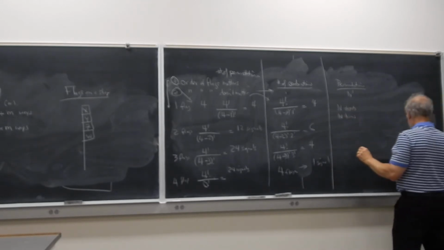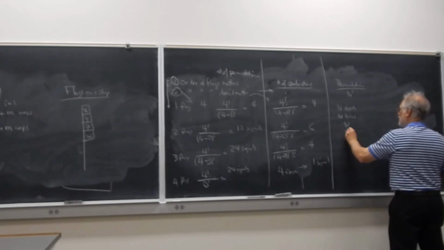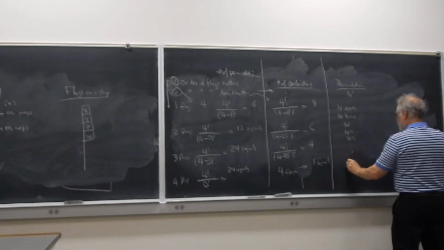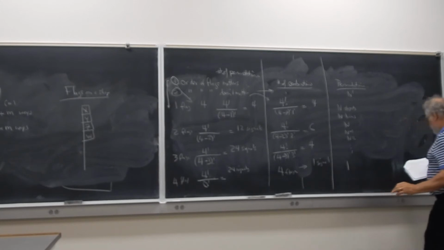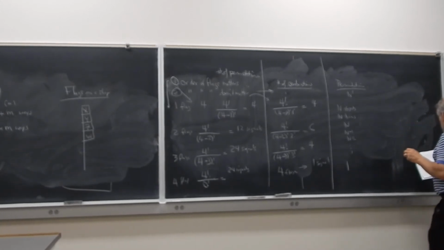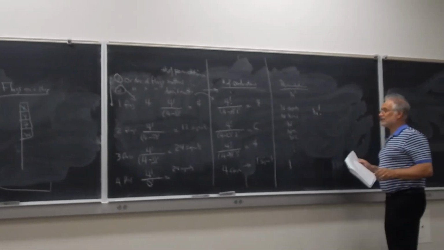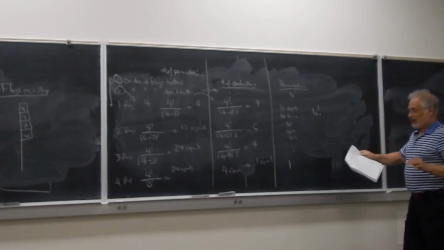And I can only put 1 in each bin. Well, there are n choices for the first bin, n minus 1 for the second bin, n minus 2 for the third bin, all the way down to when I get to the nth bin, I only have 1 choice for the nth bin. So I can fill all n bins in n factorial ways.